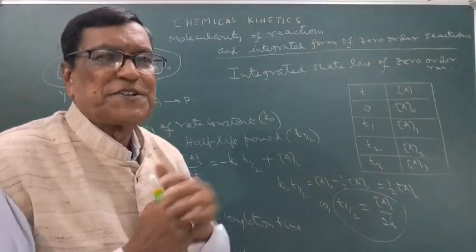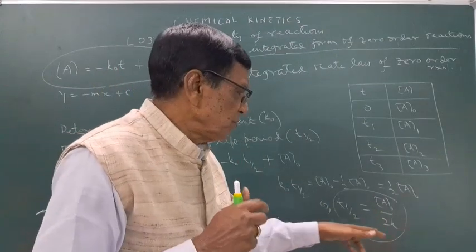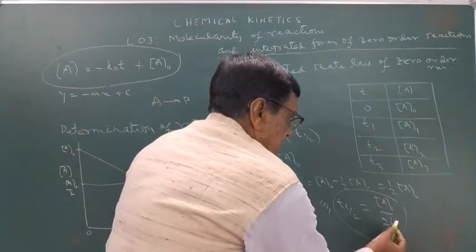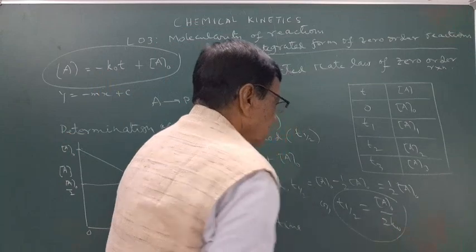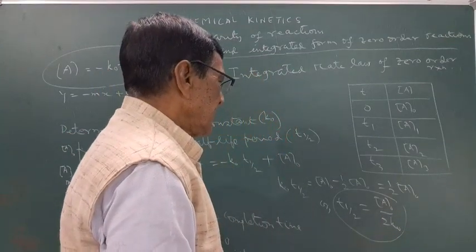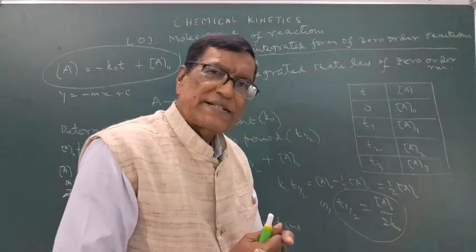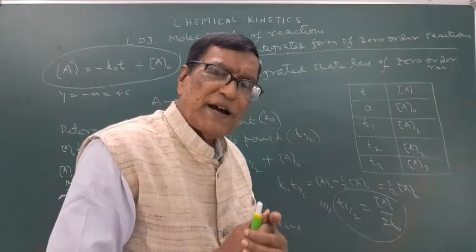But if you know the rate constant of this reaction, you can find out the value of T half.